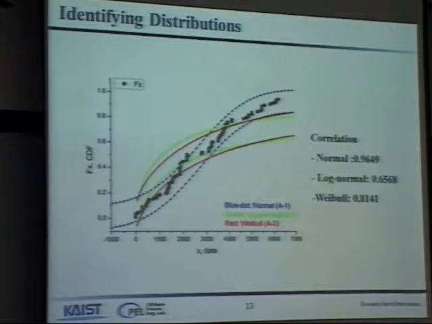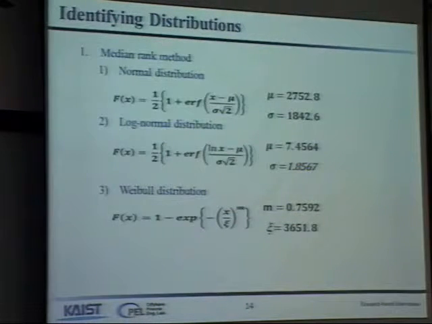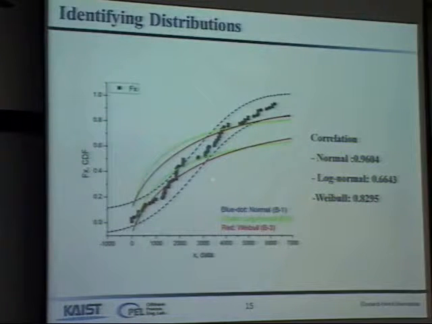As a result from this graph, the conclusion is that the data set follows the normal distribution. For the median rank method, we repeat the previous steps. So this is the result. Also, the data set follows the normal distribution.